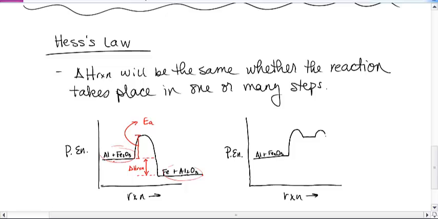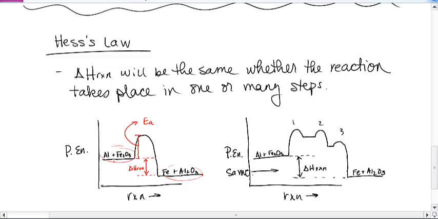And maybe that forms some energy and forms yet another intermediate product. And then maybe there's yet another step and we finally get the products. While there may have been, say, 3 different steps here, the key thing is that the difference between the products and the reactants, this delta H for the reaction, is the same.